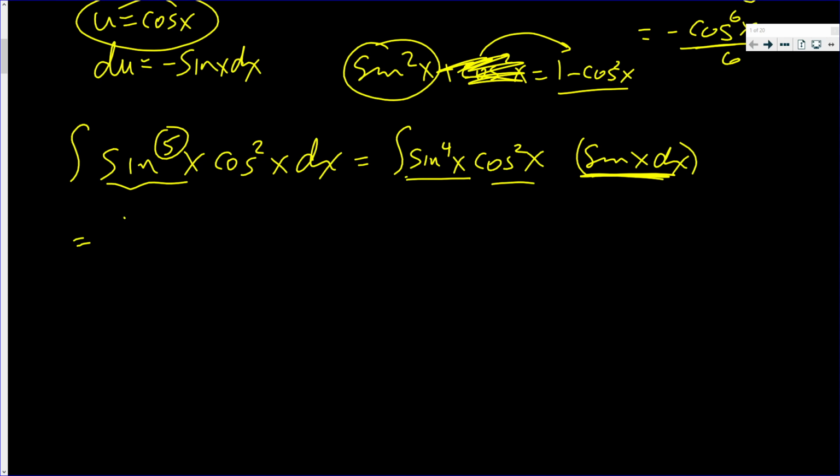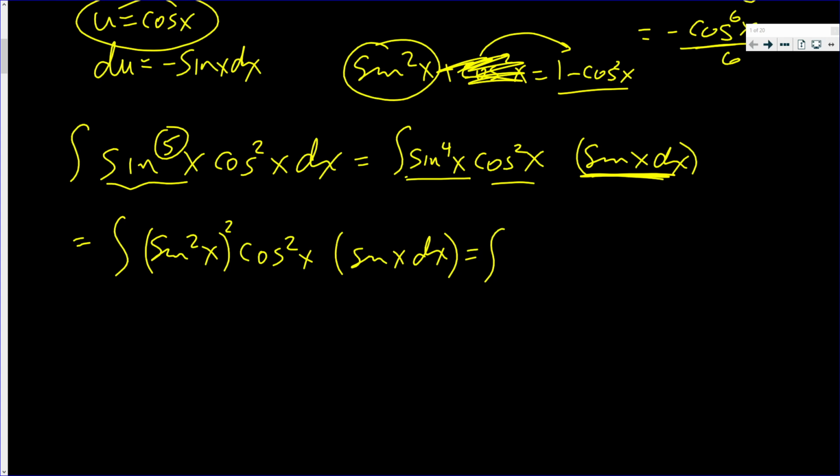Okay, so let's do this. Sine to the fourth x, well, that's sine squared x squared. Let's do it in a couple of steps, and we're safeguarding the sine x dx. So sine squared x is 1 minus cosine squared x, squared. That's this squared times cosine squared x times sine x dx.